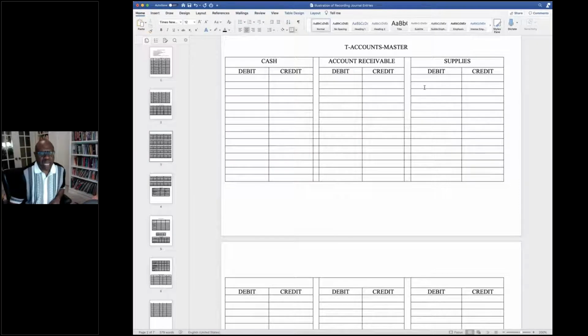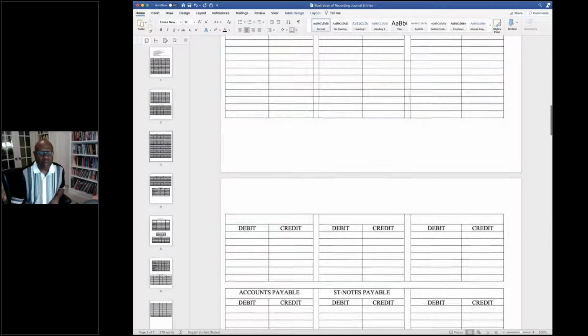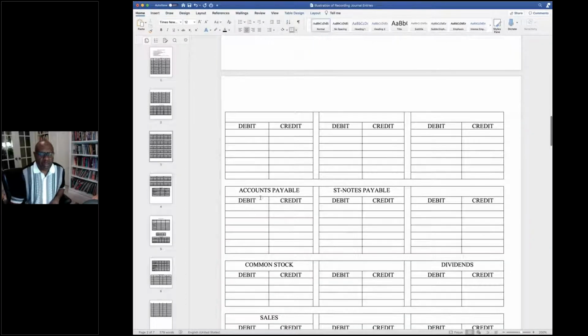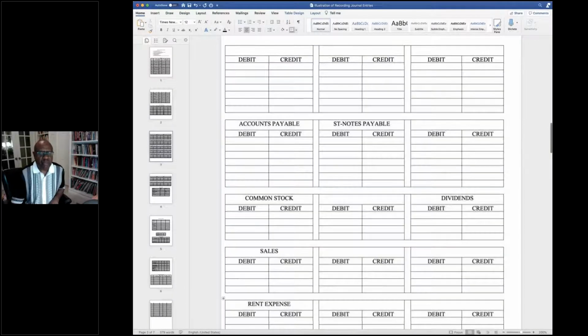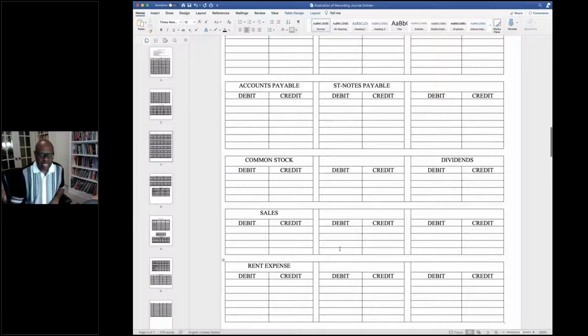To determine how much is in each account, we will set up a T account for each one of the ledger accounts. So cash, accounts receivable, supplies, accounts payable, short-term notes payable, common stock, dividends, sales, rent expense.